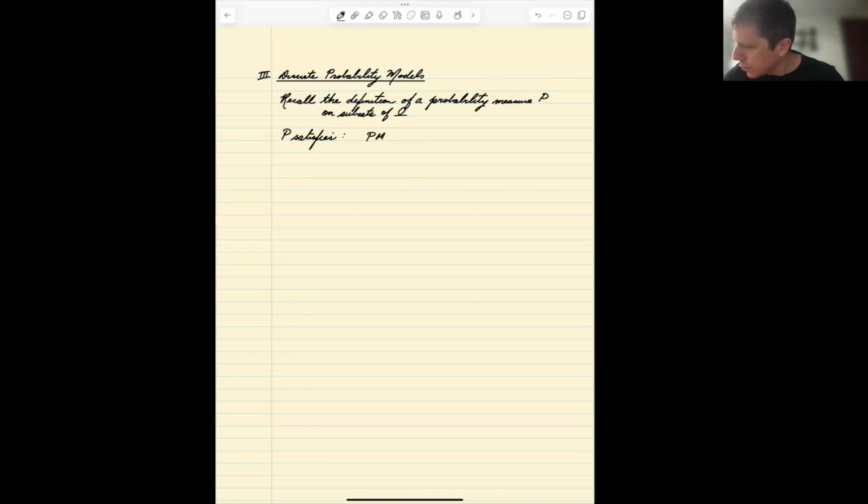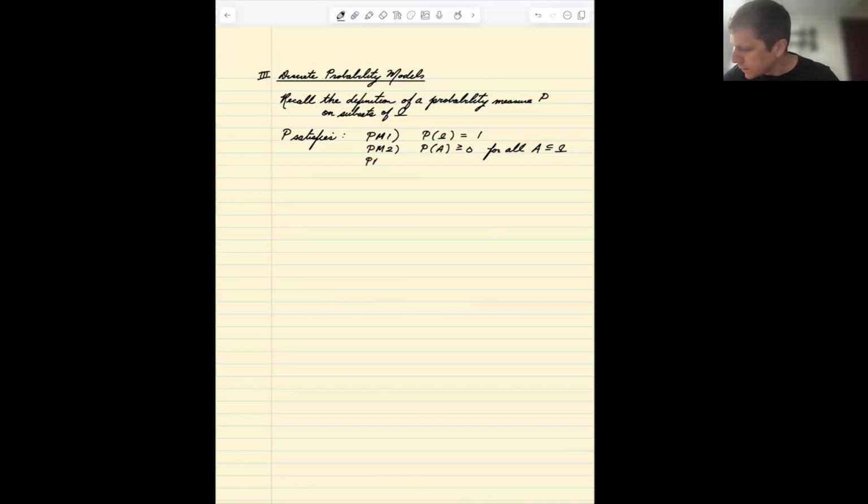There are 3 properties that the probability measure satisfies. First is that it assigns probability 1 to the sample space. It assigns a non-negative value to every admissible event in omega.